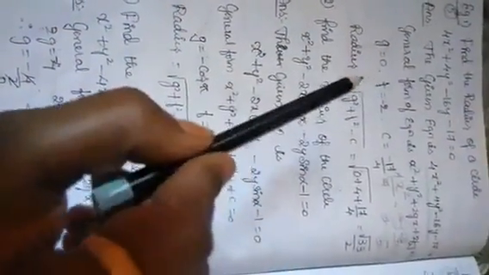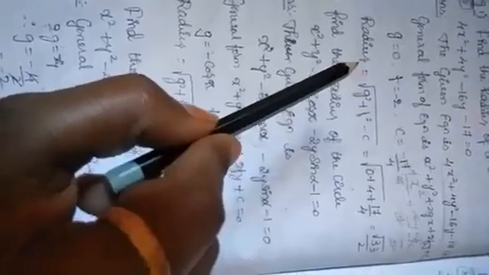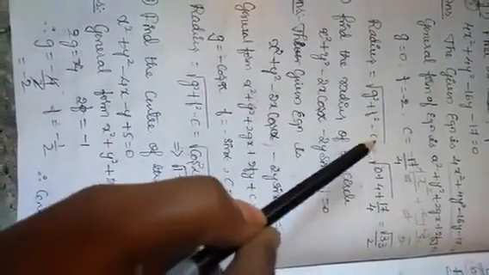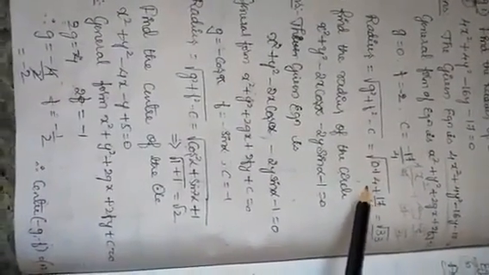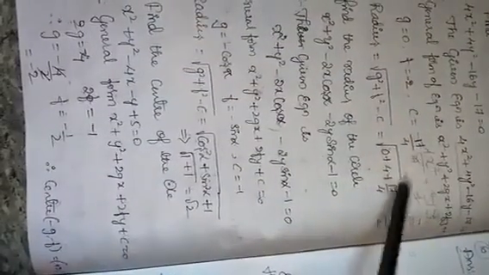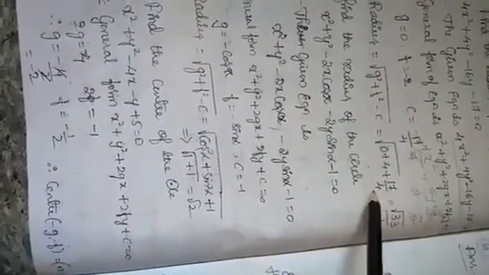Then the radius of a circle is given by the square root of g square plus f square minus c. You already know that g equals 0 and f equals minus 2, whole square, which equals 4 plus 17 by 4.